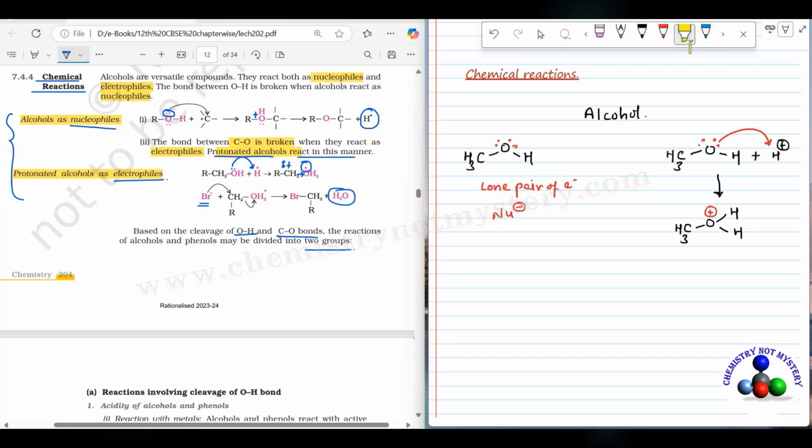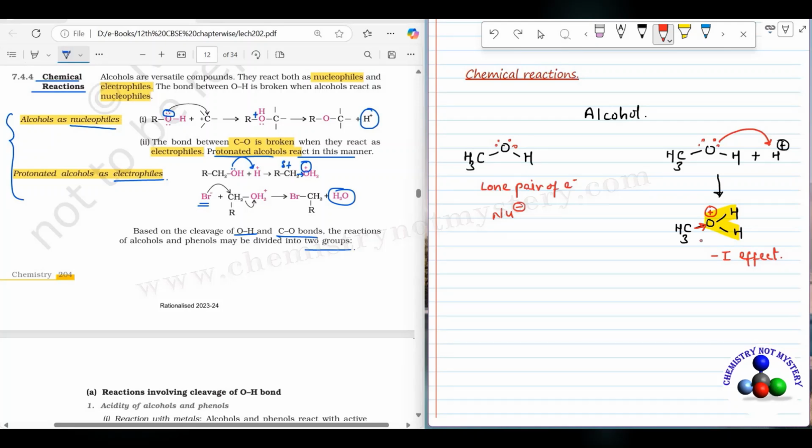Now this positively charged oxygen will become more electron deficient, so it will withdraw electron density more strongly than before. So this OH2 positive ion has a strong minus I effect. By the strong minus I effect, it will withdraw electron density more strongly from the carbon next to it.